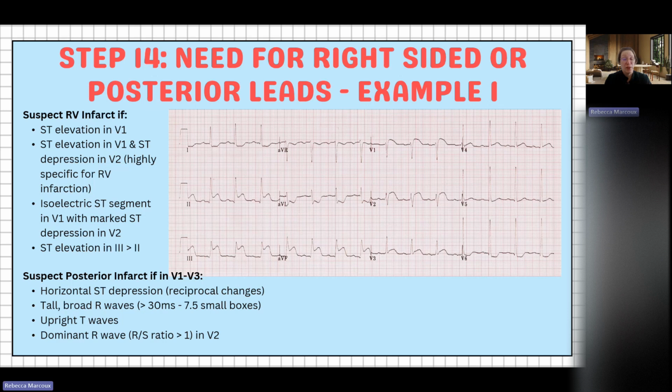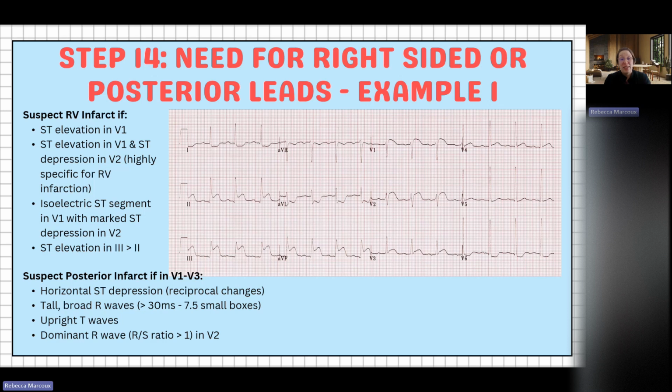For posterior infarct, again, it's often enough to have an inferior or lateral infarct. So we do have an inferior. We could ask for posterior leads. If that's not enough and your practitioner is not that worried, there are some other things we can watch for. We don't have the horizontal reciprocal changes in this because we're having a septal infarct as well, so we're not going to see those reciprocal changes.